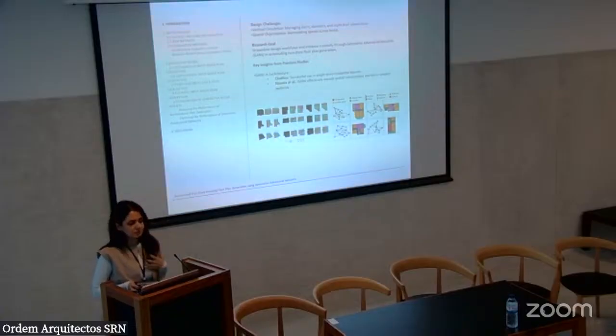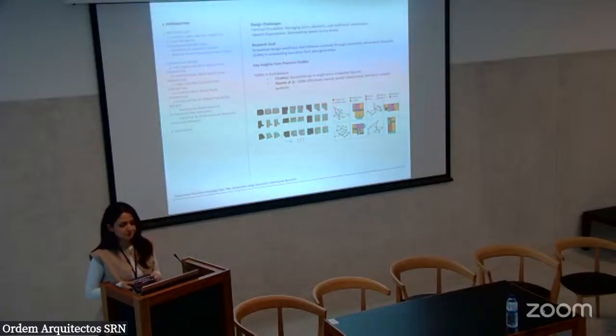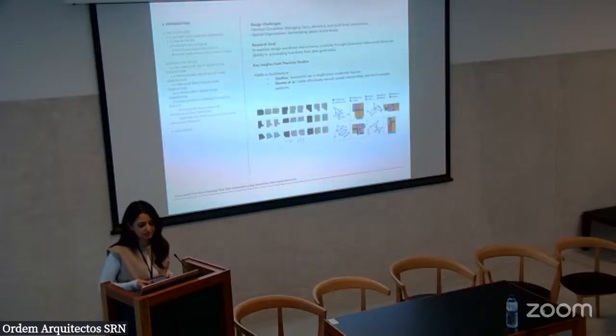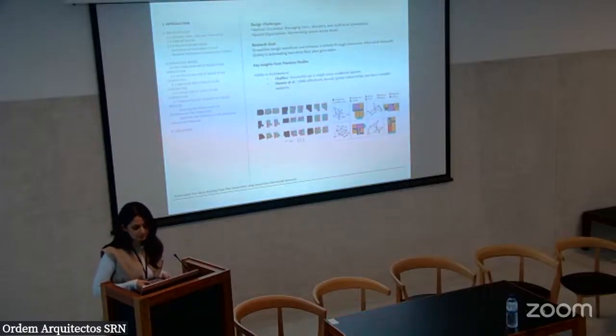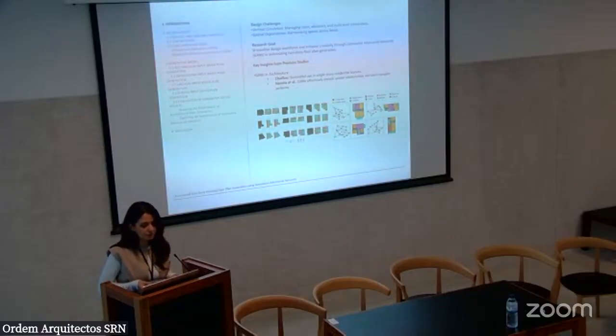In the literature, most of the research is on one-story floor plans in terms of learning-based generative designs. It has some graph-based models and pixel-based models. But in terms of the two-story generation, there are certain challenges.